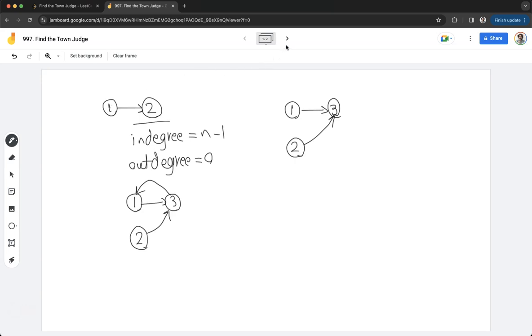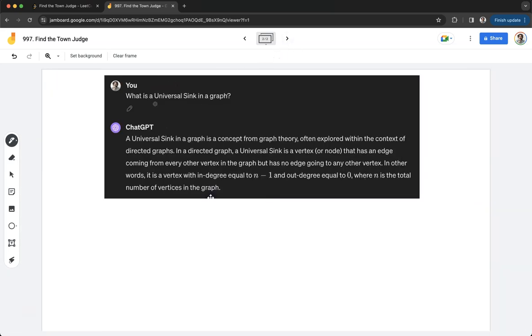Let's go and look at it here. So this is a universal sink. The judge here is actually the universal sink. A universal sink in a graph is a concept from graph theory, often explored in directed graphs.